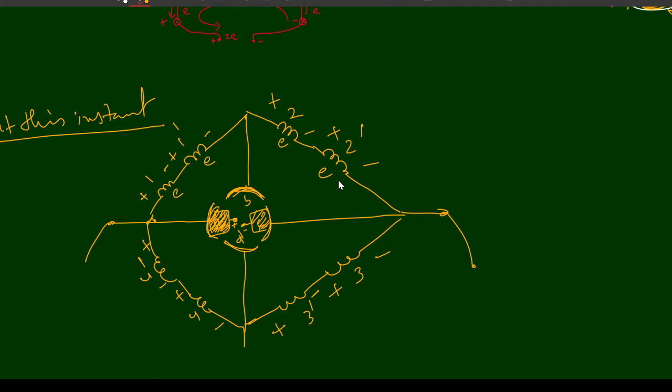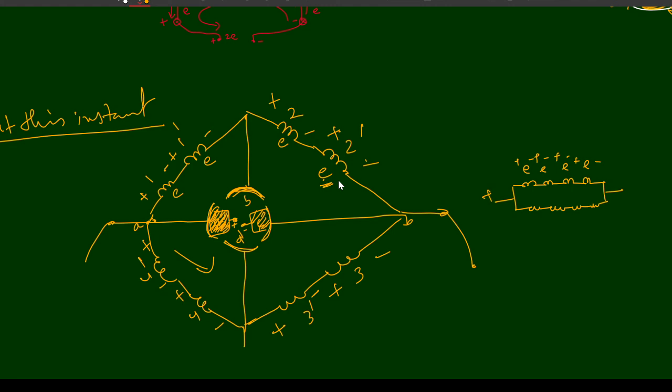So between A and C, if I take like this, plus minus E, plus minus E, plus minus E, plus minus E. So there are 4 E's like this. And also on the bottom side, again we have 4 E's.